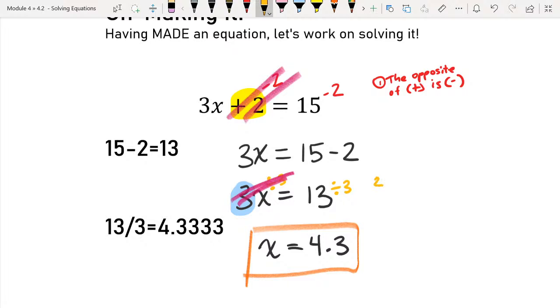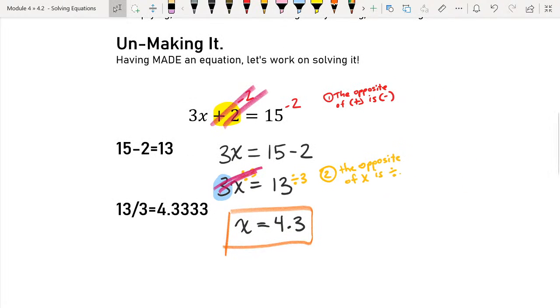And we can say here, the opposite of multiplying is dividing. All right, hopefully that makes some kind of sense.